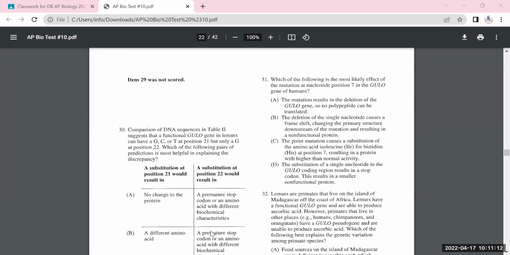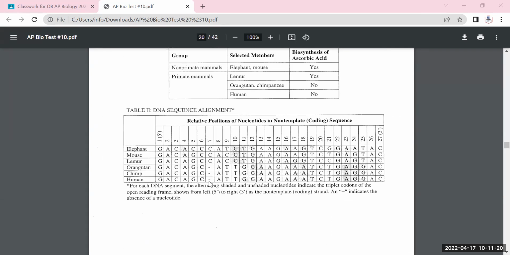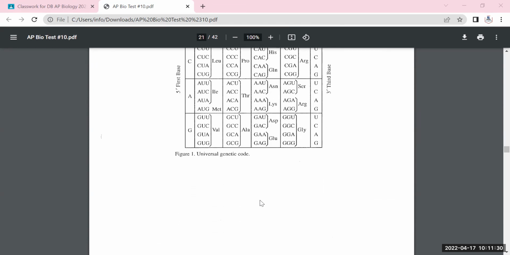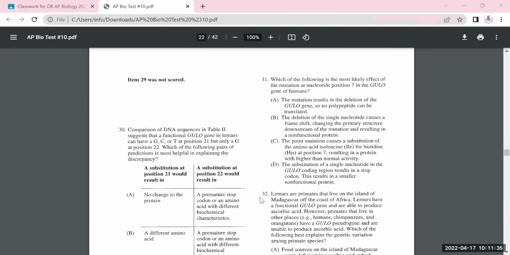Okay, which of the following is the most likely effect of the mutation at nucleotide position 7 in the GULO gene of humans? 7. Okay. Mutation results in the deletion of the gulo gene, so no polypeptide can be translated.